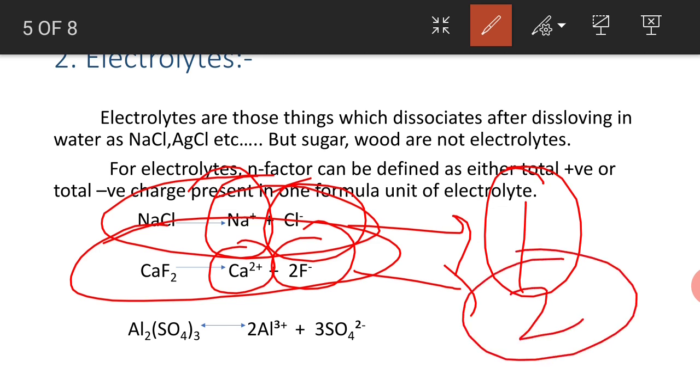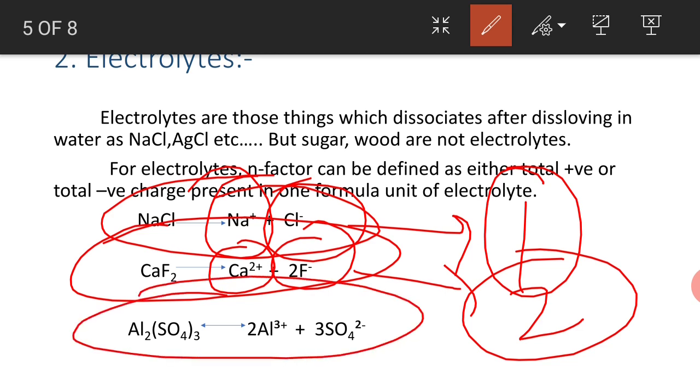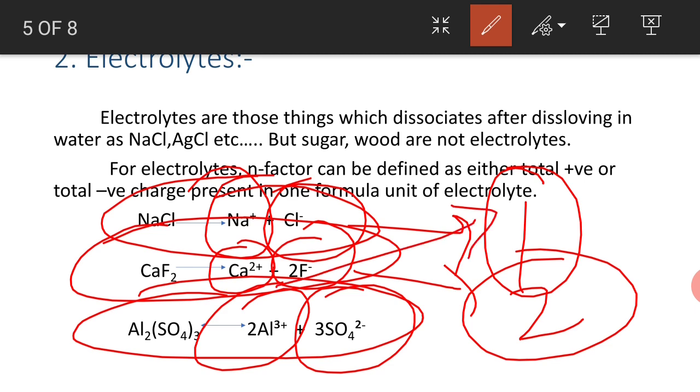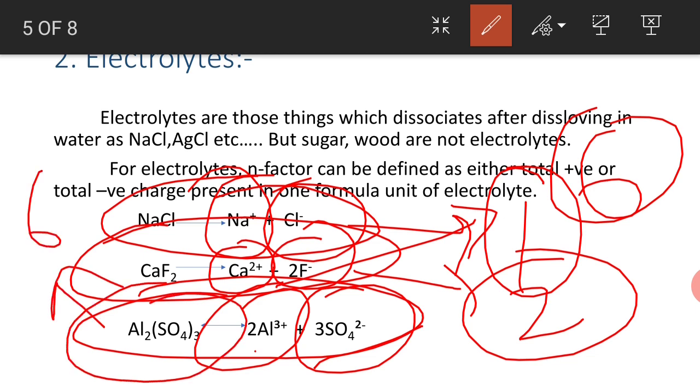That's why the N factor of CaF2 is 2. Same for Al2(SO4) whole thrice: when we dissolve it in water, we get 2Al3 plus and 3SO4 2 negative. The total positive charge is 2 into 3, which is 6 plus. Same for 3SO4 2 negative, 6 negative charge. That's why Al2(SO4)3 has N factor 6.